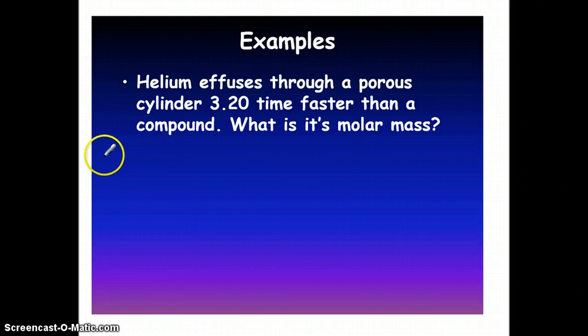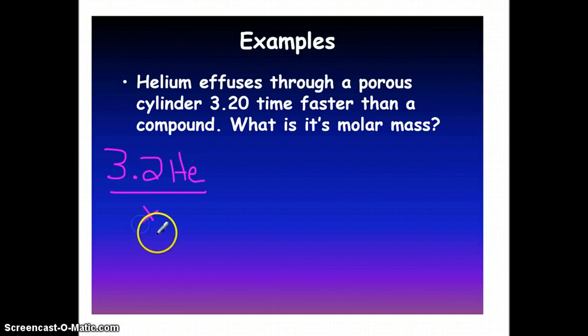All right, so we know that helium is 3.2 times faster than this other compound, some compound X. So we know that helium goes 3.2 times faster than X. So you'll have 3.2 times as many heliums pass through as you do X's at any given second.